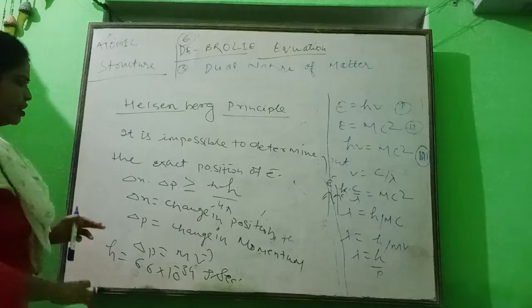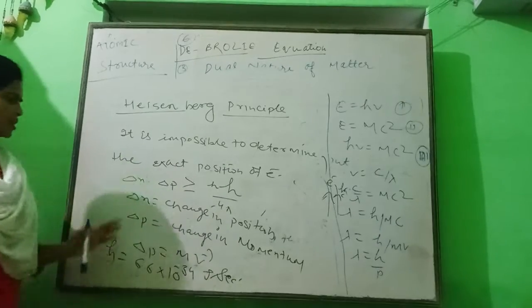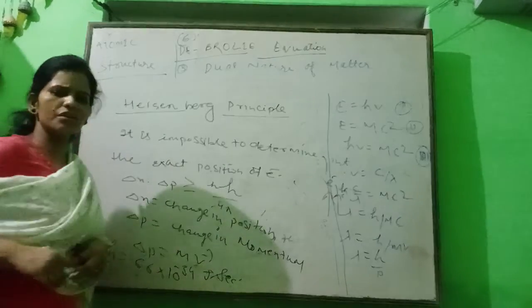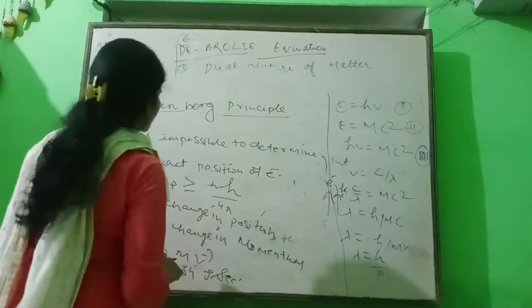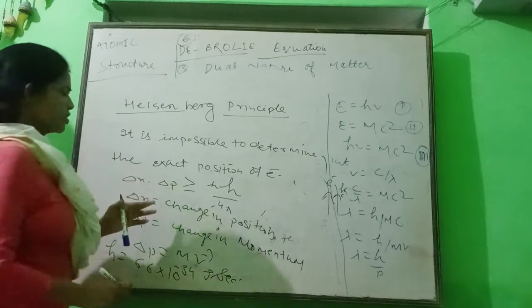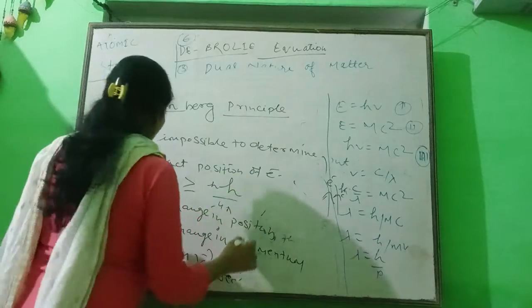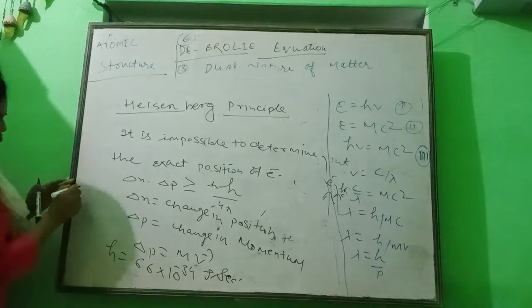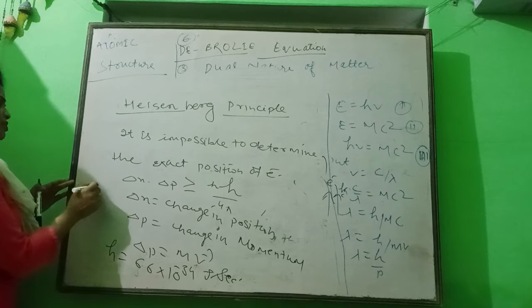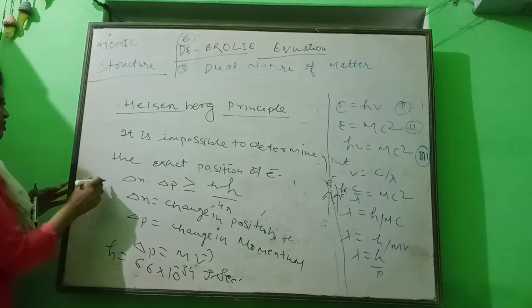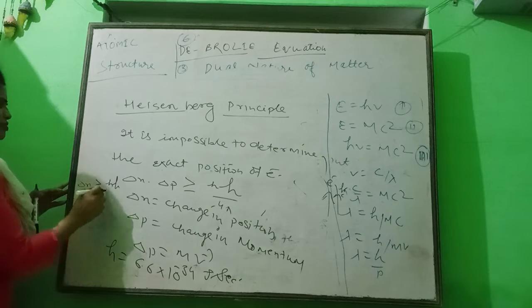These derivations are used to find the mass, velocity and position of the electron. Now you can see the derivation shows delta x is greater than or equal to nh upon 4 pi m into v.